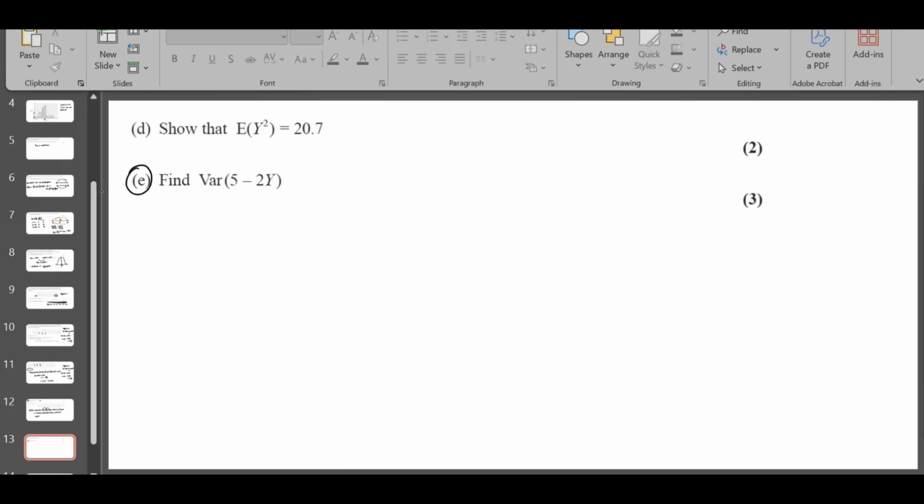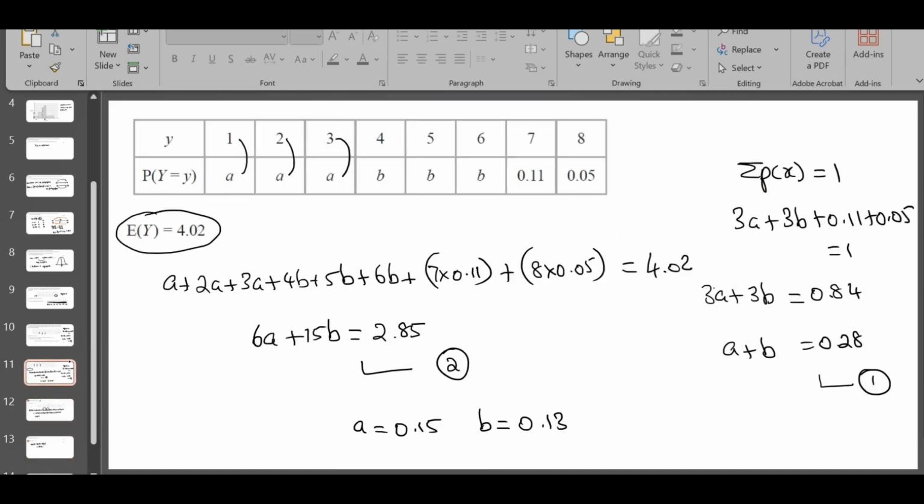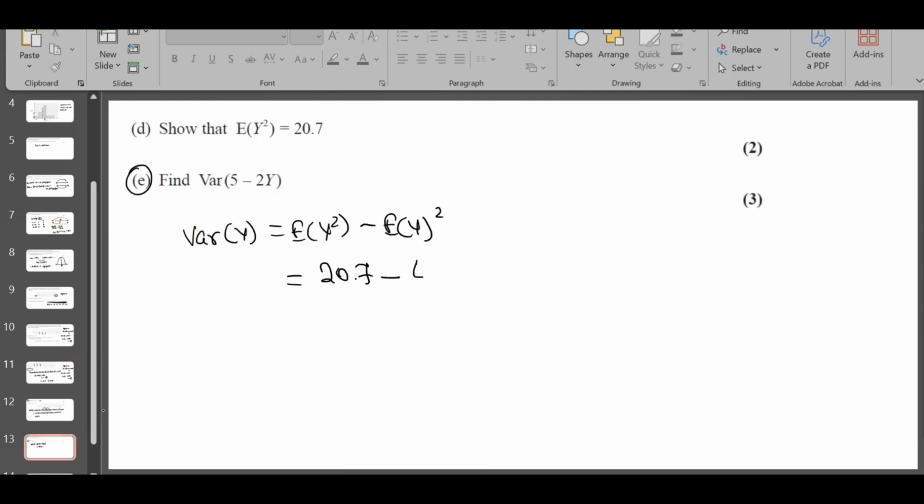Now part E is a 3-mark question. First find variance of y. The formula is E of y square minus E of y whole square. We just got E of y square, 20.7, minus E of y, which is given as 4.02, 4.02 square. Calculate this.